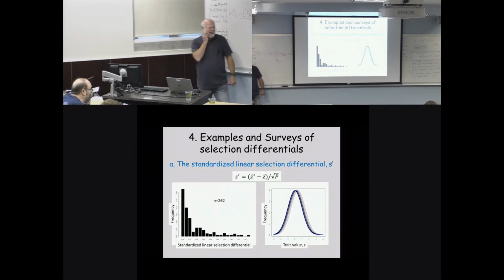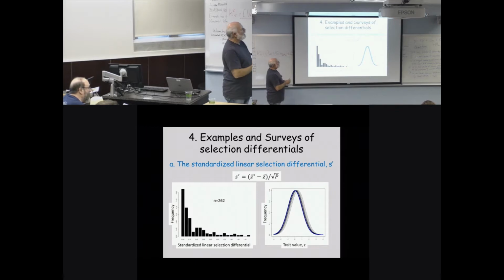All right, so we can also standardize the shift in the mean, and there are a couple of ways to do this. One of the ways is to standardize all the traits so that before selection they have a unit variance, or after you calculate S. Here's the difference in means before and after selection.